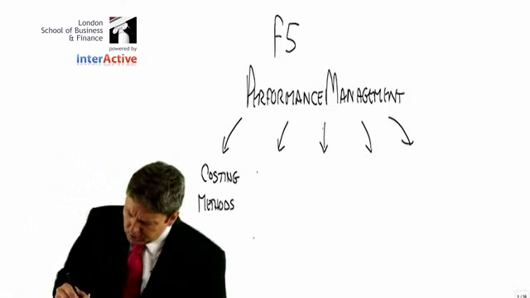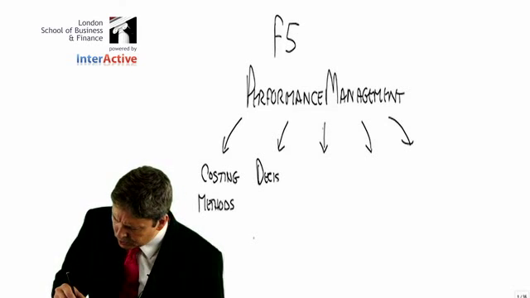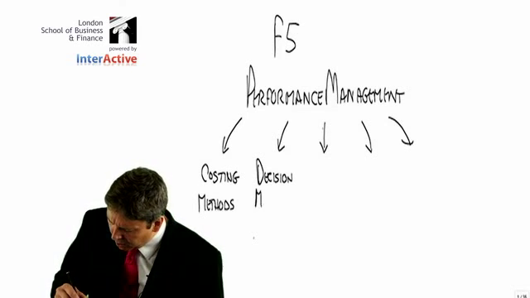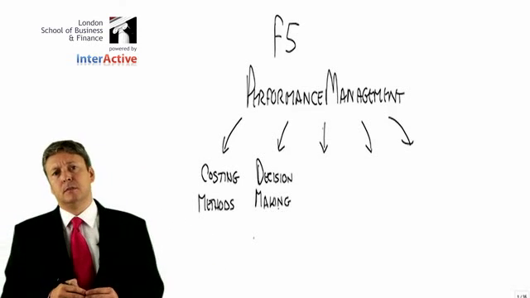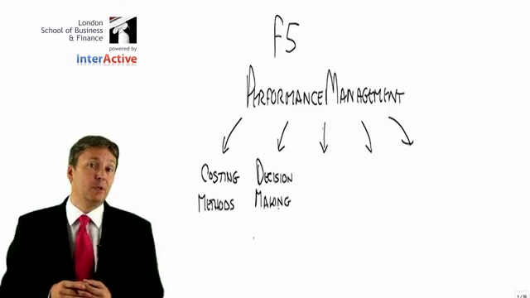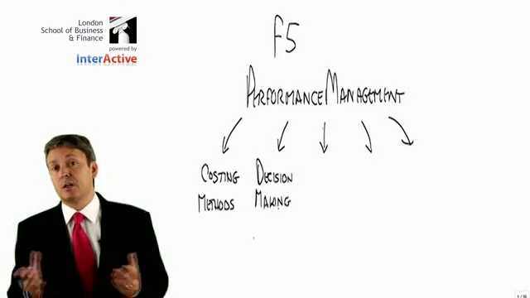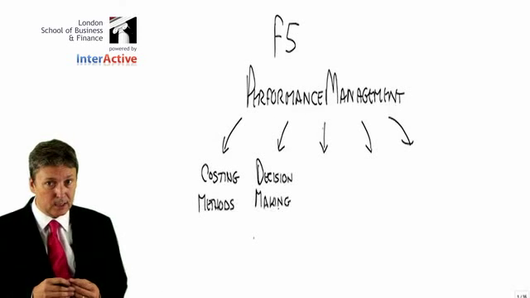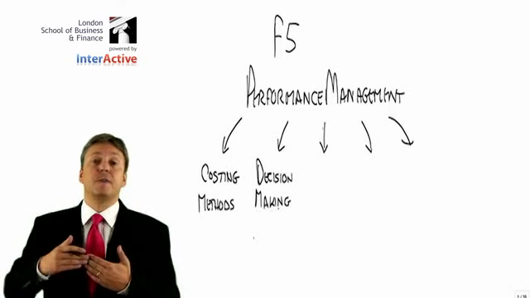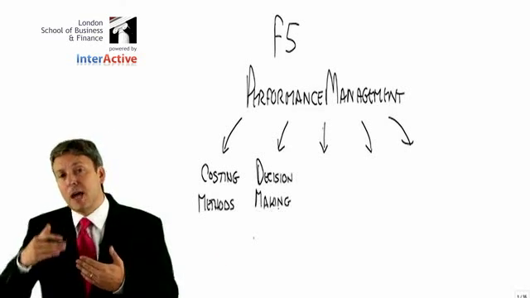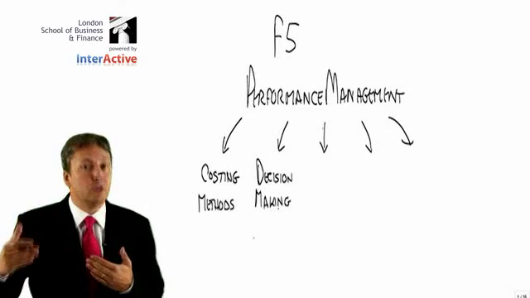Secondly, possibly the biggest single topic in this whole syllabus is decision-making. Again, it's very likely that you've looked at elements of decision-making already, such things as CVP analysis and relevant costs. All we're going to do is to develop on that. We're going to try and take our decision-making that much further.